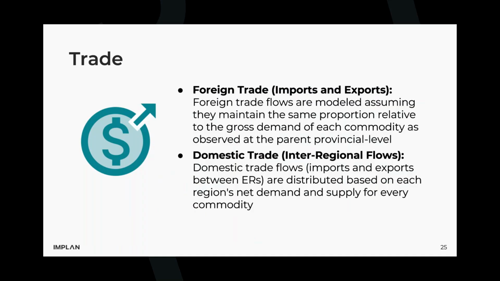This approach to domestic trade is the foundation that establishes the capability for conducting multi-regional input-output, or MRIO, analysis, which allows users to capture the spillover effects across regions. We have a ton of support articles on MRIO, and you can check out our support site at support.implan.com.